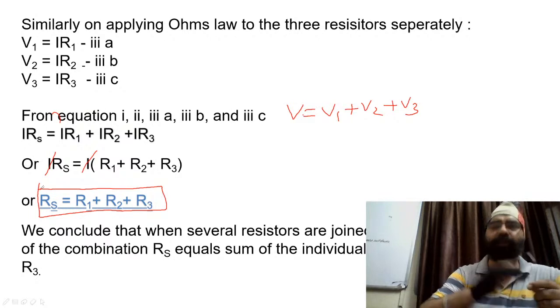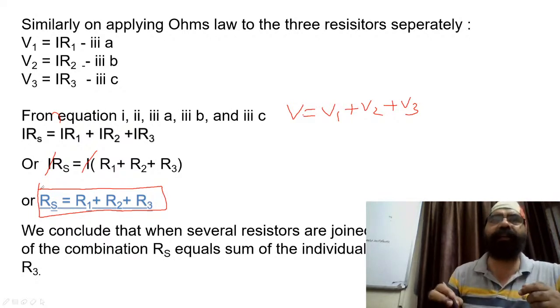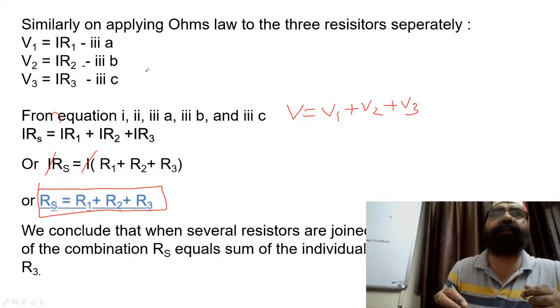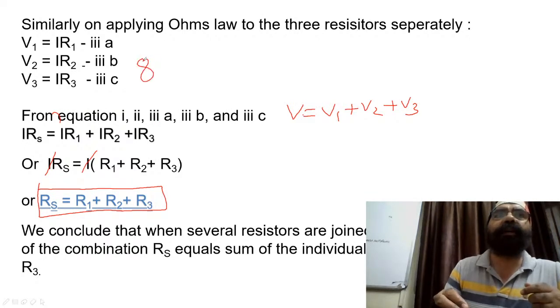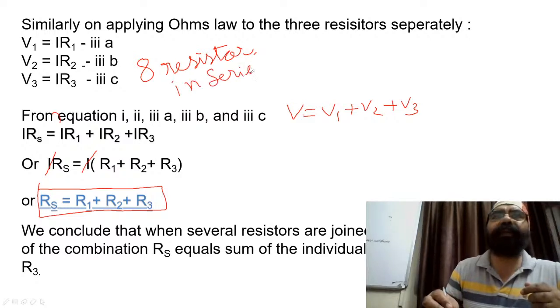Right? Everybody understood? If you have understood, you have to answer this question. Now I have 8 resistors which are joined in series, and each resistor is of 6 ohms.